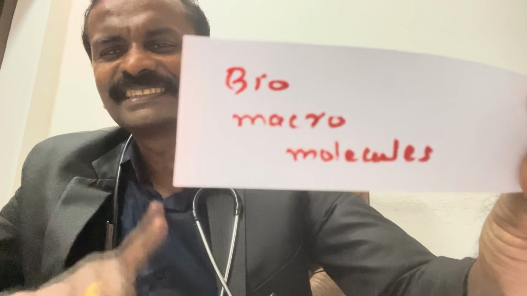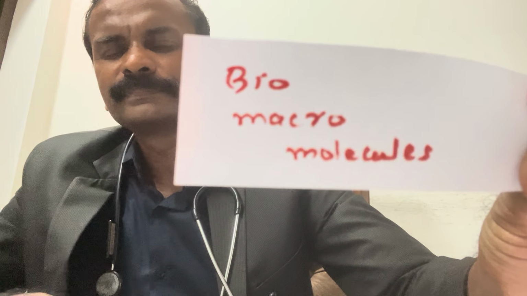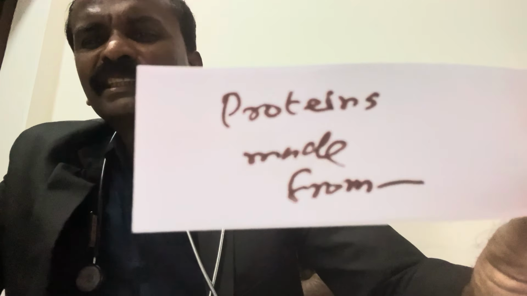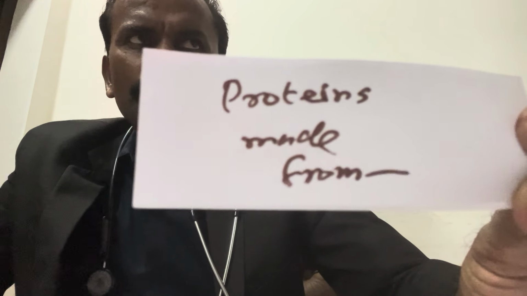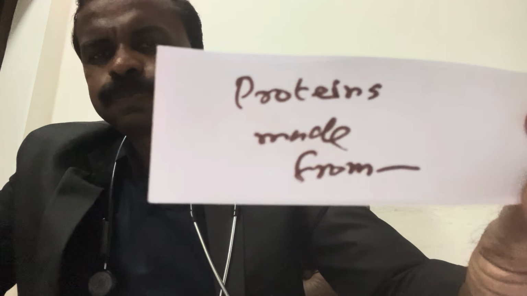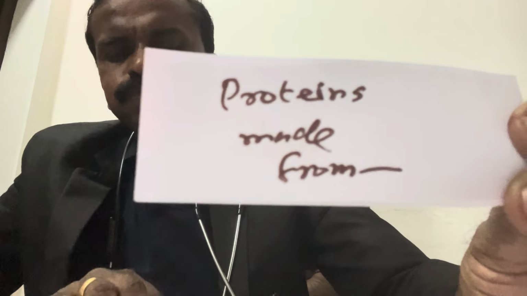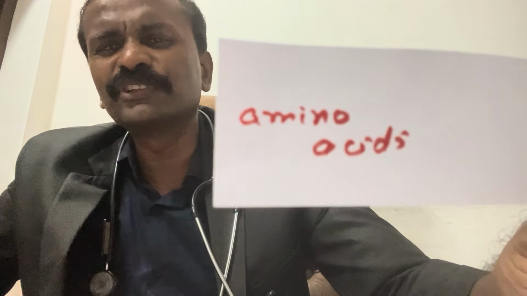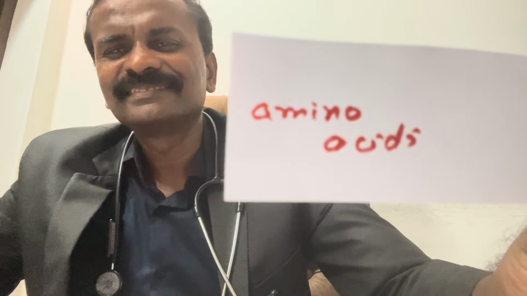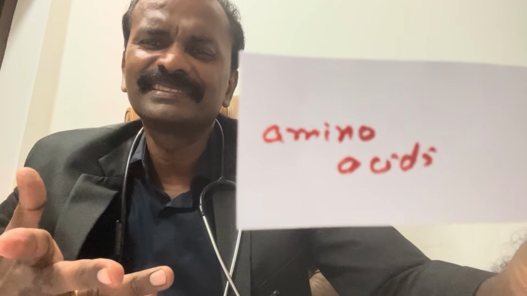Bio-macromolecules, polymer. I think this is easy for you. Proteins are made up of amino acids. Why confusion?